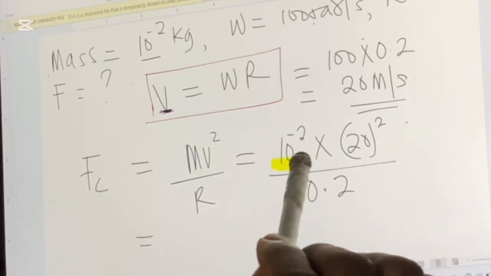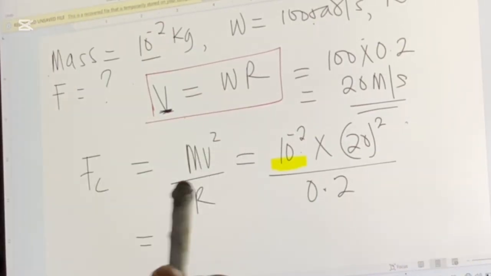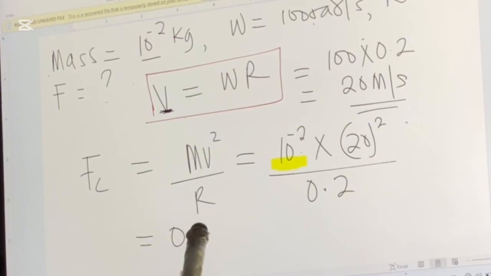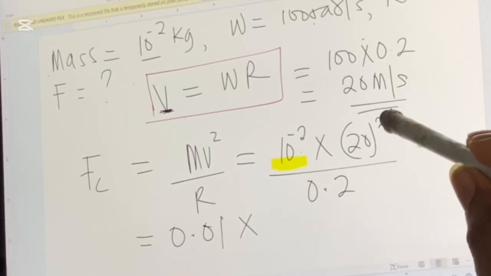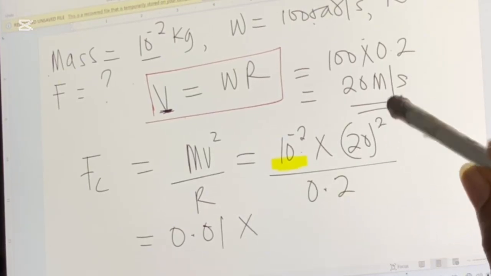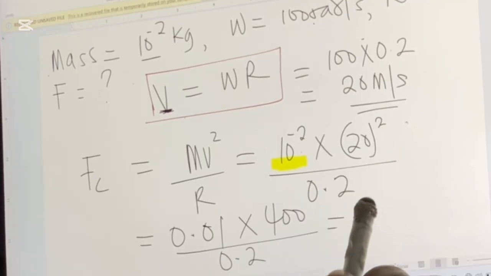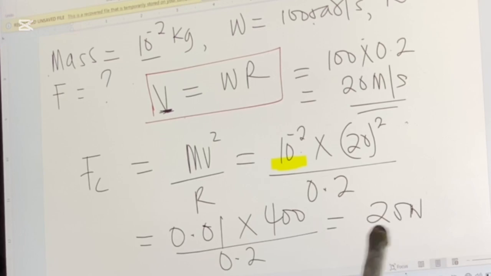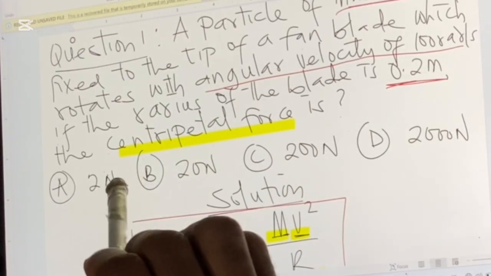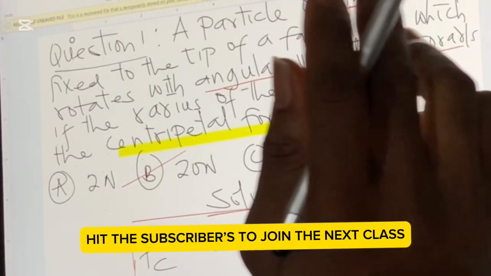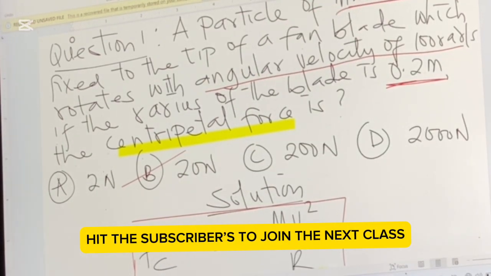Changing this number from standard form to decimal, this will be 0.01 times 20 squared, which is the same as 20 times 20, which is 400, over 0.2. So when you punch your calculator, 0.01 times 400 divided by 0.2 will give us 20 newtons. Please take note, okay? So the option here is B. Okay, let's solve the next question here to understand this topic properly.